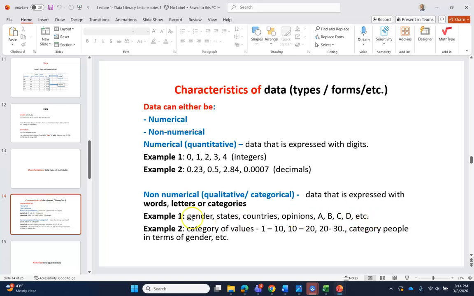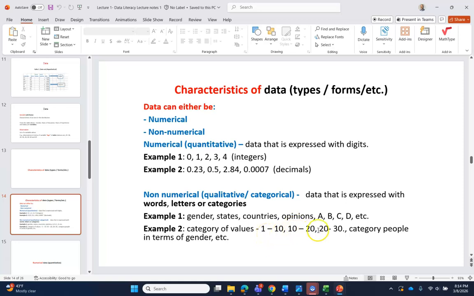We don't have numerals. Now, categorical data may have values, but they are not actually numerals, but they are categories. So in this case, for instance, you can see we have the first category, the second one, and the third one. The first category contains values from 1 to 10, so we call this first category.